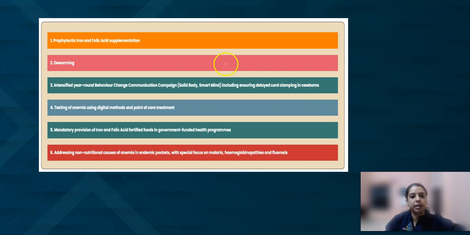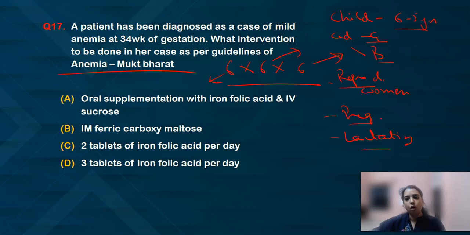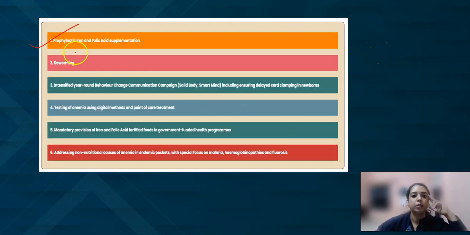The 6 interventions being done are that you provide prophylactic iron and folic acid to them. So these 6 interventions are done in all the 6 classes. How they are done is different for all the classes. Dose and the frequency will be different for all. What we are most concerned with is pregnant women and a little bit of lactating women. So they provide prophylactic iron, folic acid, deworming, and then behavior change, like delayed cord clamping.